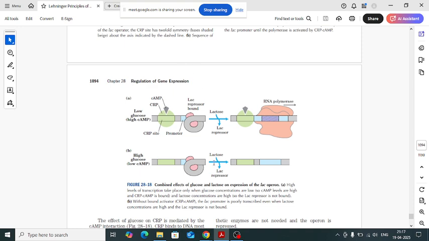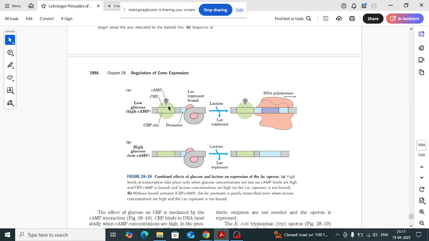So after adding lactose, although the lac repressor is dissociated, still there is no activator, there is no CRP, which is actually because of the absence of cyclic AMP. As there is no CRP, the activator, although the repressor is dissociated, the expression will not be restored. There will be no expression.